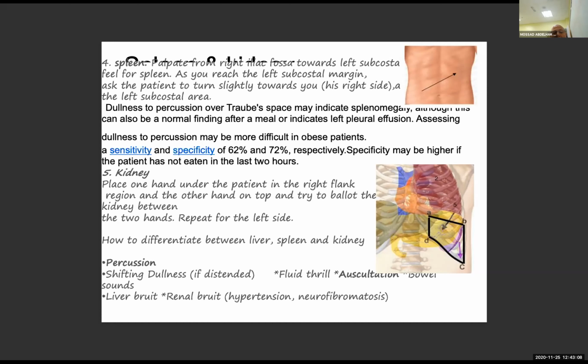After that, auscultation for the bowel sounds. Remember, as we spoke yesterday, the bowel sounds are only a few per minute, like 5 or 6. Sometimes we can hear a liver bruit or renal bruit if there is severe hypertension or the like. So remember that also for auscultation. Next slide.